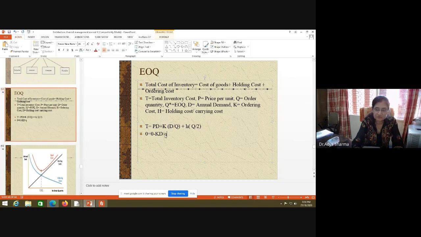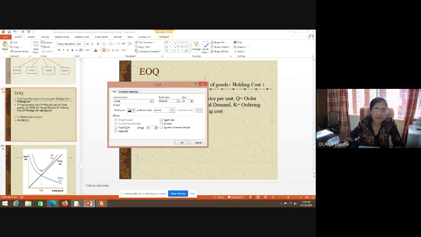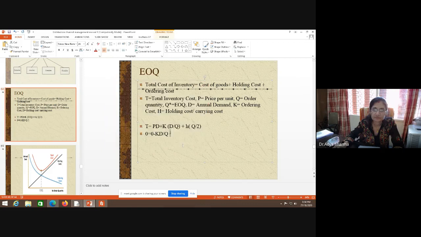Plus, anyone who can tell me what will happen to HQ divided by 2? This will become H divided by 2.